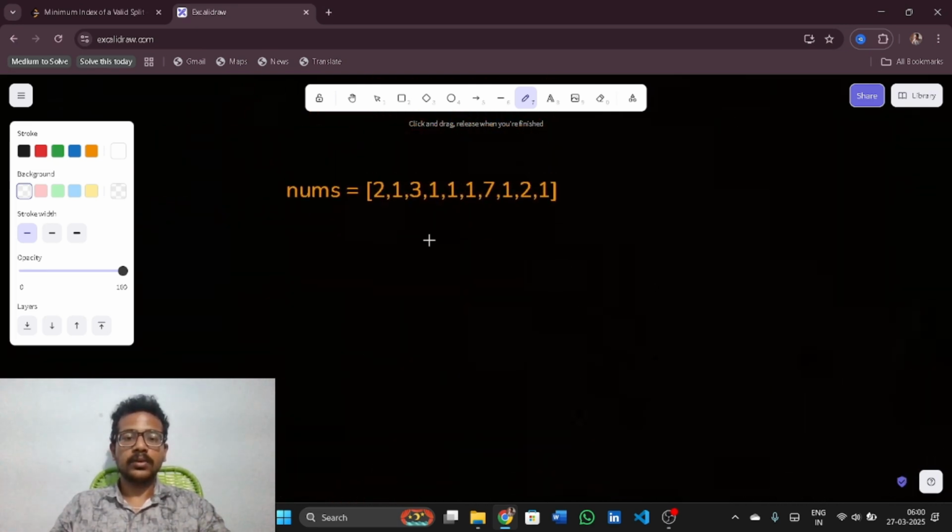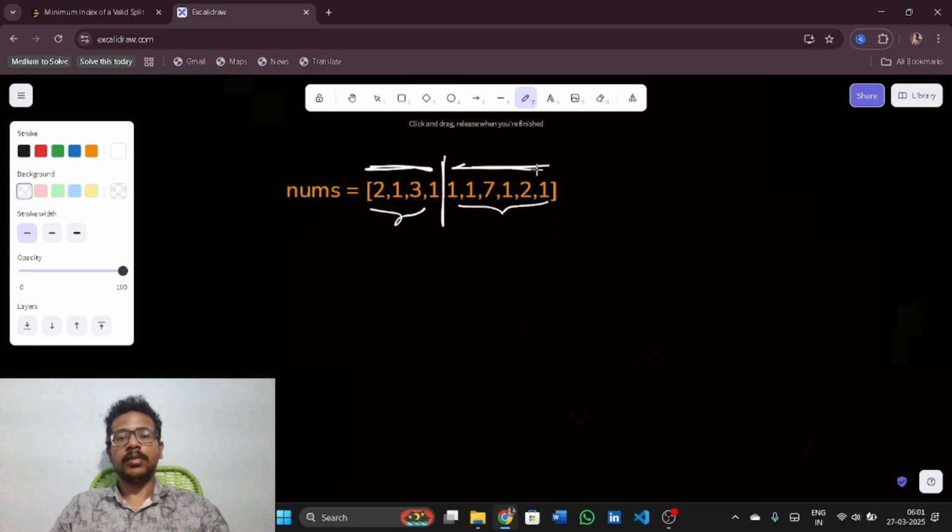Now let me go through another example. But at this point of time, if I take this as a split, I can't go to each subarray and get the maximum element every time. Even if I get the most frequent element till here and the most frequent element from here, it would be big O of n square again and again. So imagine I got a maximum element here. The most frequent element here is 1.